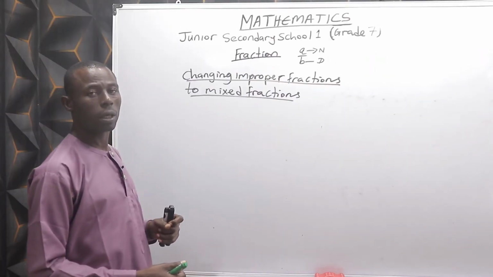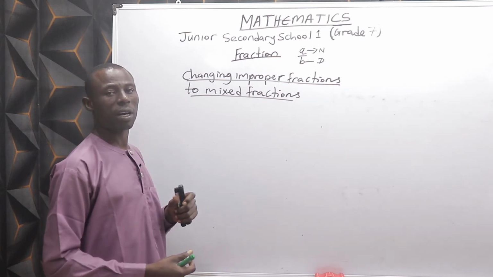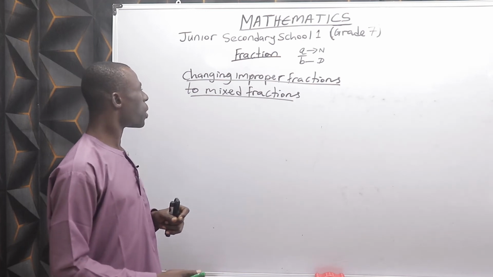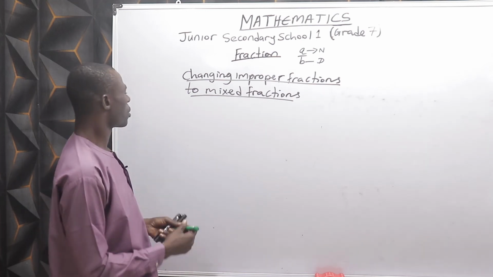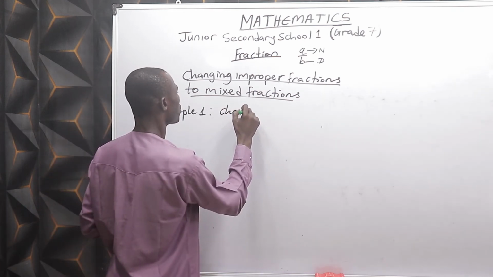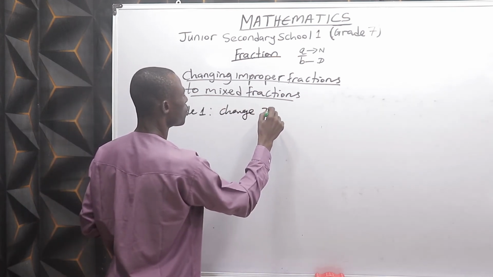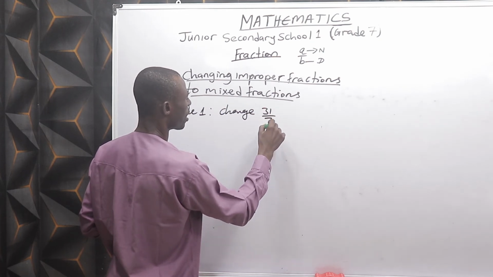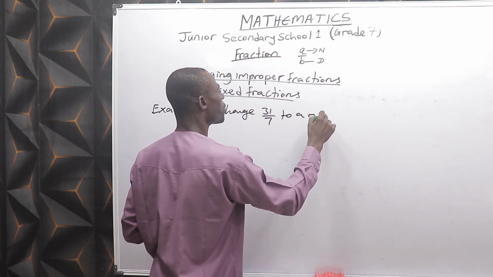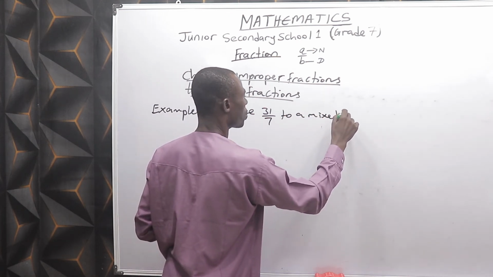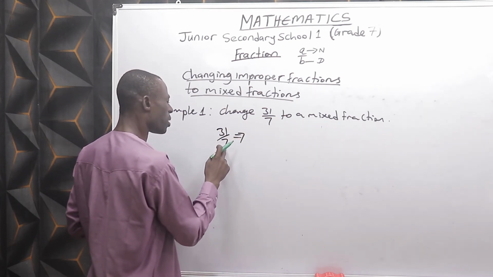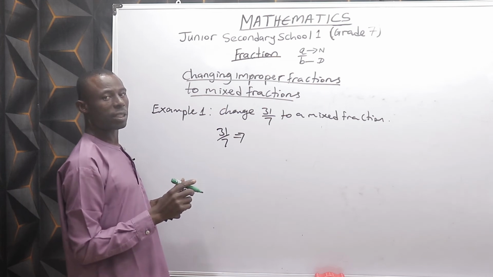We come to another subheading under the fraction: changing improper fractions to mixed fractions. Example 1. Change 31 over 7 to a mixed fraction. We write 31 over 7 will be, how many 7 do we have in 31?